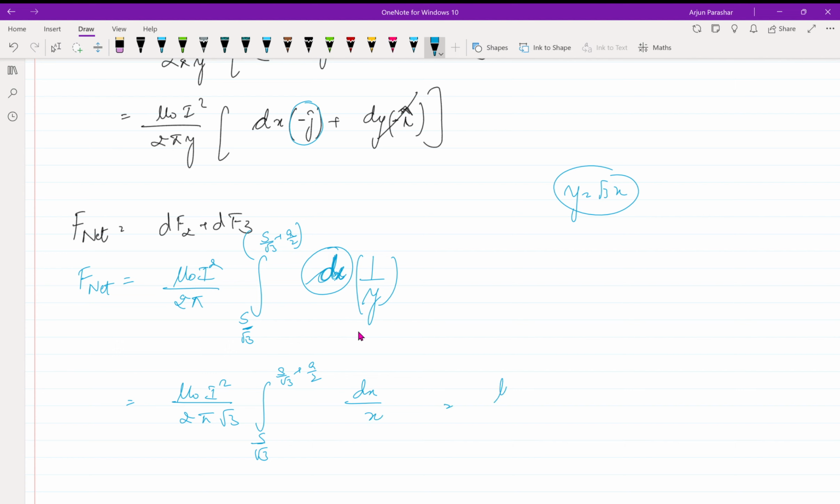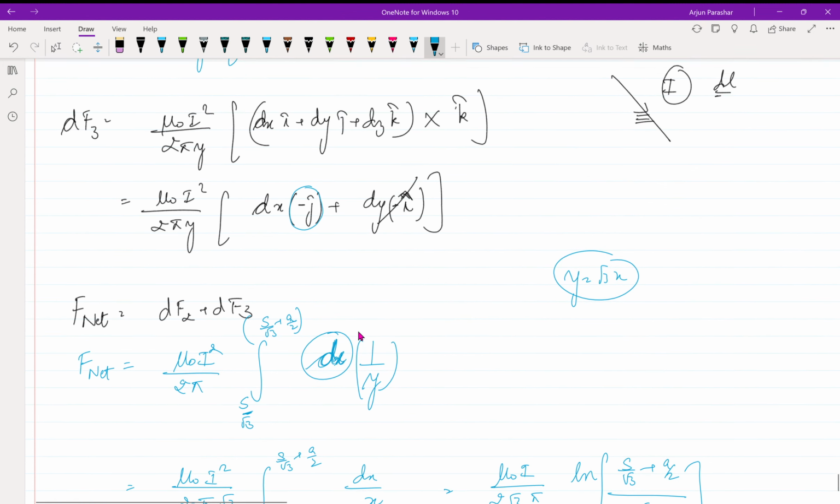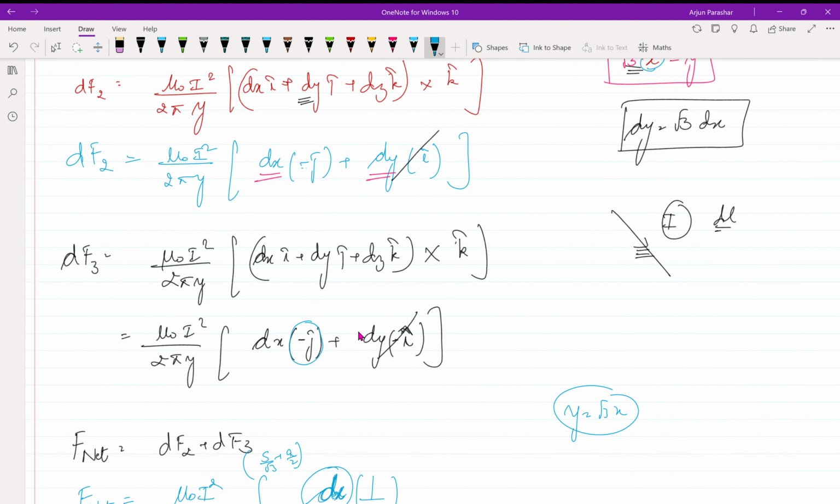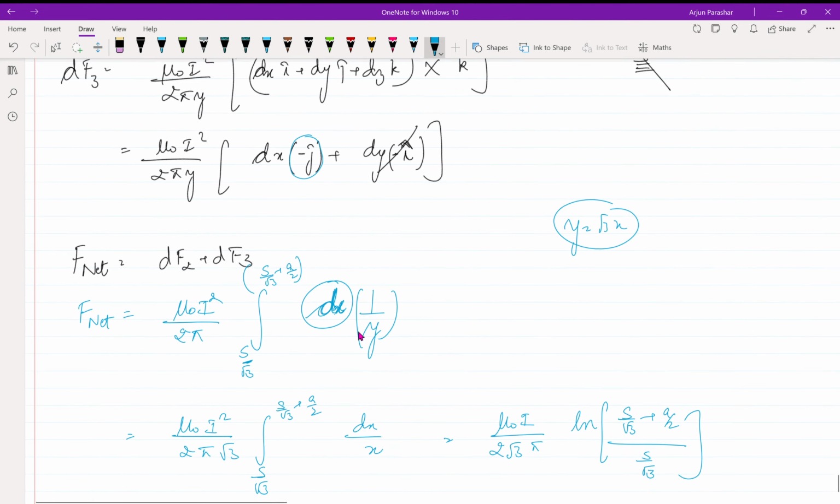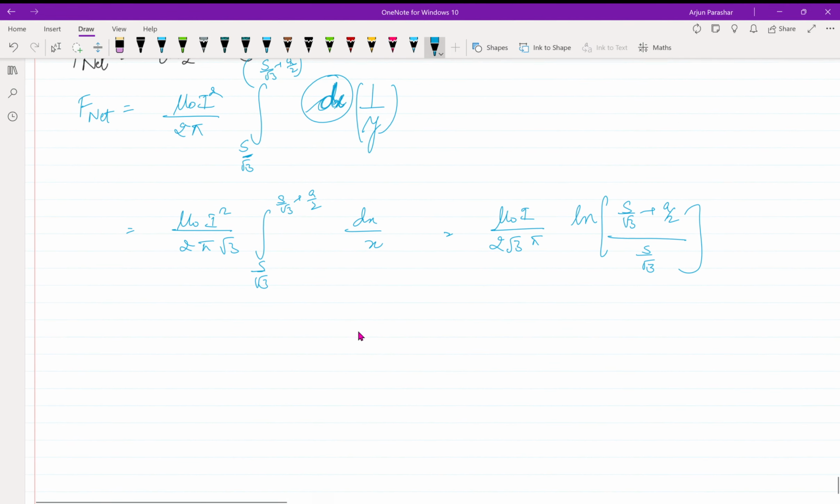So we get mu naught I upon 2 root 3 pi into ln of (s by root 3 plus a by 2) upon s by root 3. This is the value, and one negative also, because of these terms, so we'll be getting one negative also.